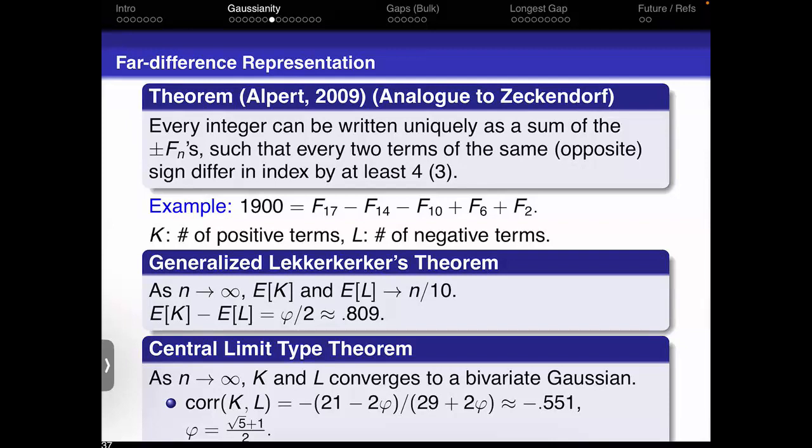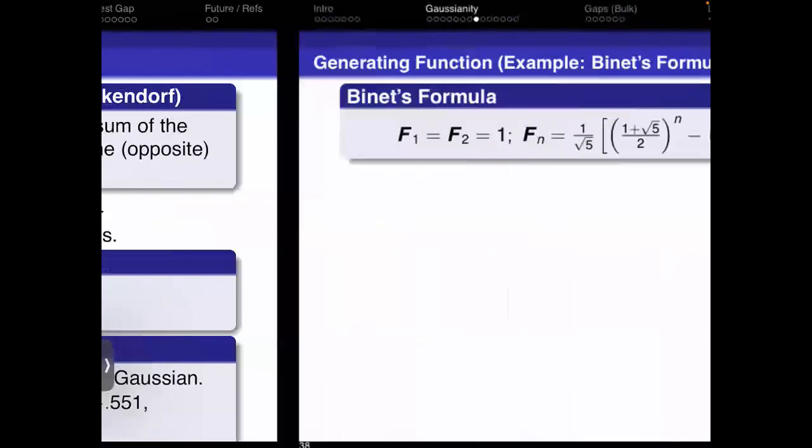Well, if you know how many positive summands and how many negative summands you have, you should be able to figure out a lot of other things. And so you can ask, are there central limit type theorems? And there are. And what's interesting is it now converges to a bivariate Gaussian. So it's going to have 2 variables. In terms of the positive and the negative summands, there's going to be correlations. And so the number of positive summands and the number of negative summands are not independent.